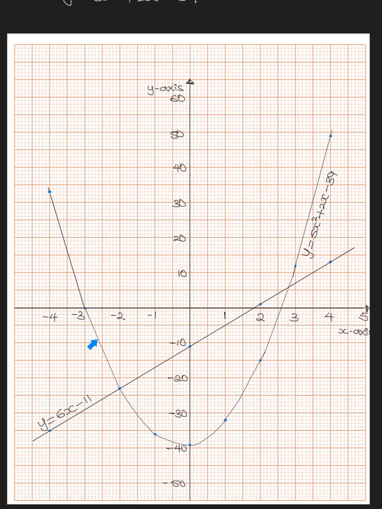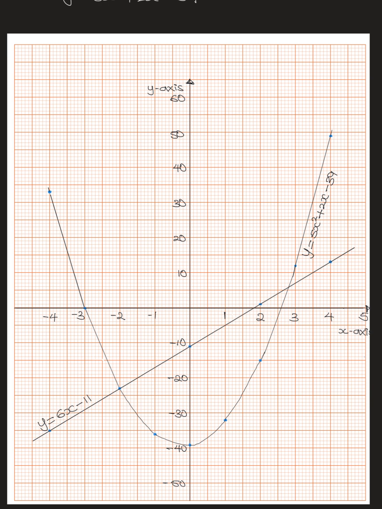So this curve is the graph of y is equal to 5x squared plus 2x minus 39. We want to find the roots of this equation. It is where the curve cuts the horizontal line, okay, the x-axis. And it is at 2 points. One of them is minus 3, and the other one is here, which is 2.6, okay?